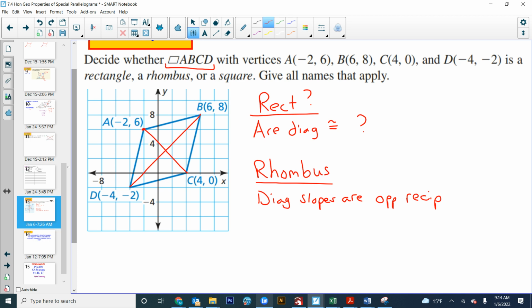And if it passed the rectangle test of diagonals being congruent, it will have 4 right angles. If it passes both, then it's a square. If it's a rectangle and a rhombus, then it's a square. So good news: check these 2 things, and if it passes both, then it's a square. If it just passes one of them, then it's just the one that it passed. Does that make sense? All right, we'll practice this tomorrow.